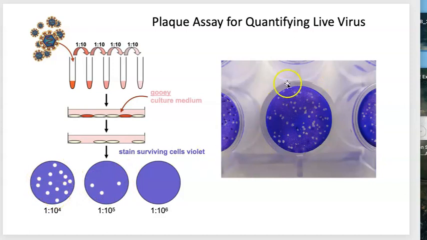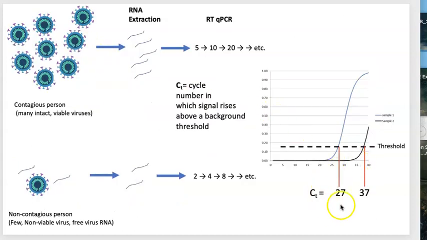Here's an actual picture of that. And you can actually quantify these little spots, which represent where the virus was deposited and killed host cells. So the question is, how can we make this into a rapid assay to be able to correlate a specific CT value with a person's load of viable viruses?